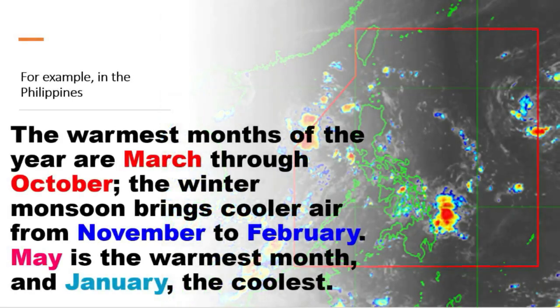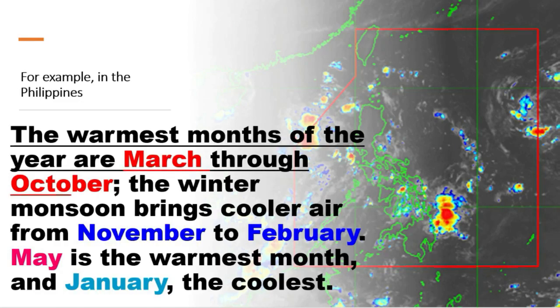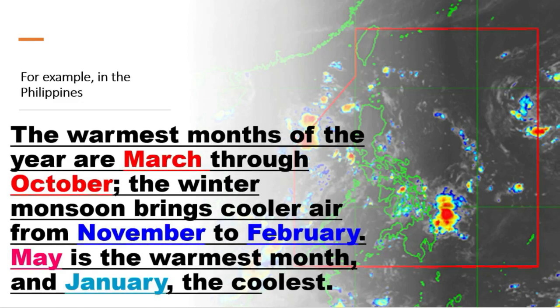For example, in the Philippines, the warmest months of the year are March through October. The winter monsoon brings cooler air from November to February. May is the warmest month, and January is the coolest.